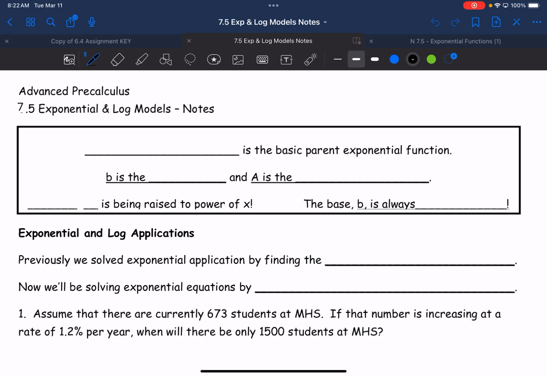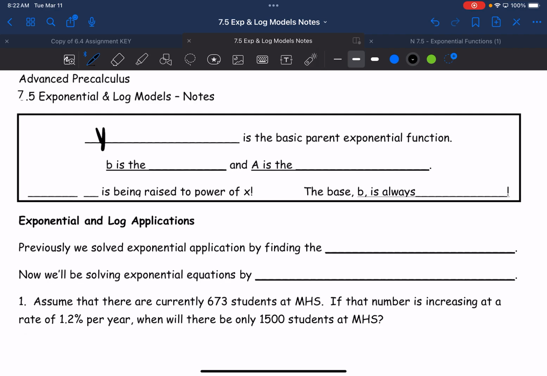So it says y equals a times b raised to the x power is the basic parent function for your exponential form. The b is considered the base, and the a is considered your initial value, also what we would usually call the coefficient.